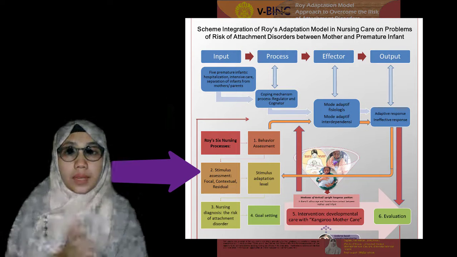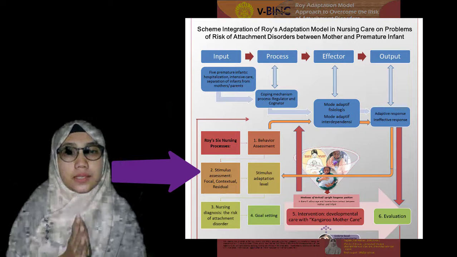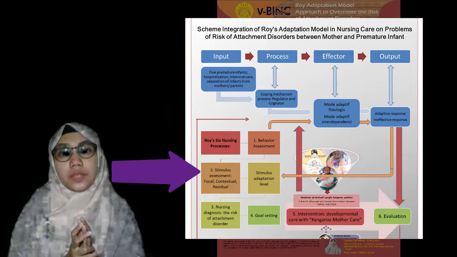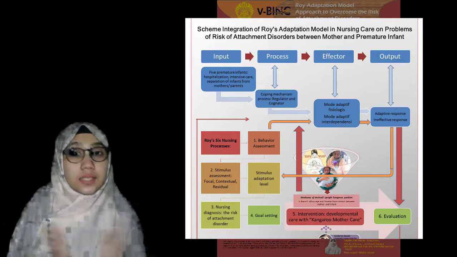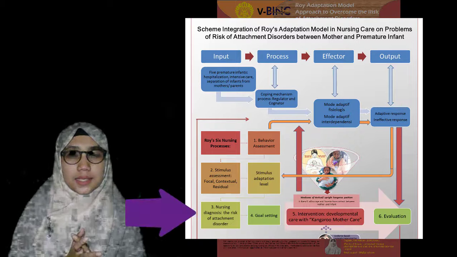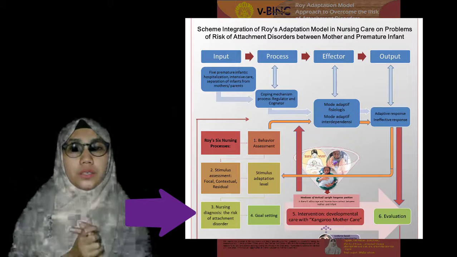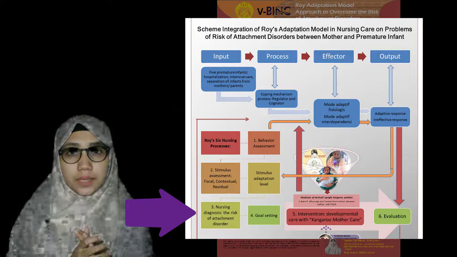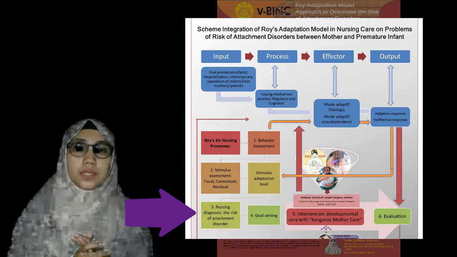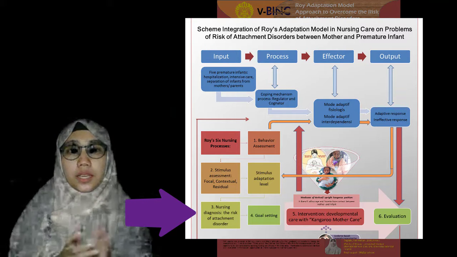It is examining focal, contextual, and residual stimuli from changes in behavior that arise, or describe the degree of adaptation to these stimuli. The next step is to determine a nursing diagnosis followed by goal setting. The problems that arise in these 5 infant respondents vary according to the baby's condition, for example, ineffective breathing pattern, nutritional deficit, risk of ineffective thermoregulation, risk of infection, and others.